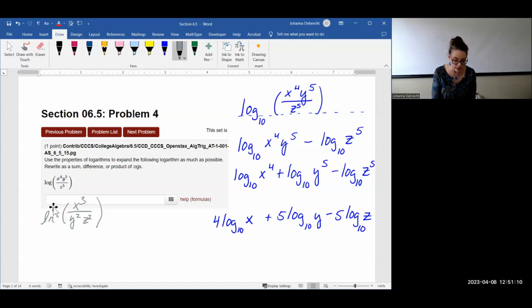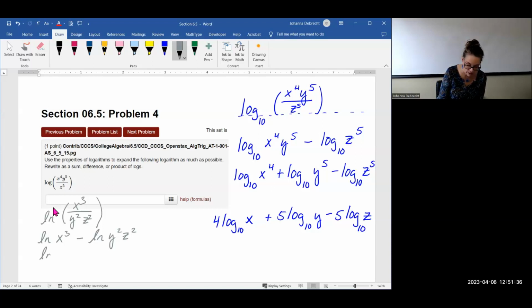What's going to happen, and again, you take care of the division first. So this is natural log of x cubed minus the natural log of y squared times z squared. Now, when we're doing this, note that both of these have the negative sign on them, and that's going to stay. They need to be split up, but they're both going to be negative because they came from the denominator.